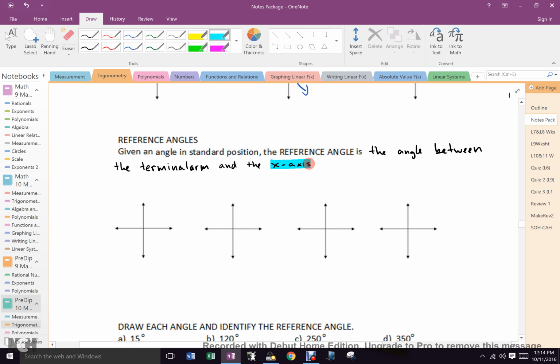Please highlight x-axis. So many kids, when they're doing this, start using the y-axis because the line is close to it. It's not. It has to be the x-axis. Okay?